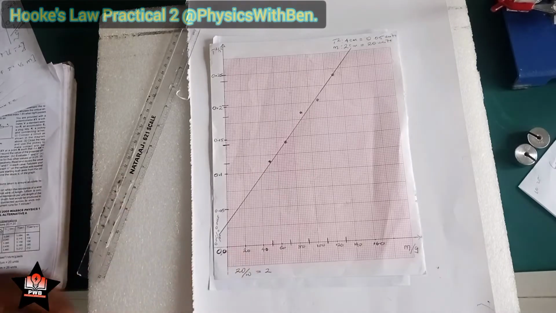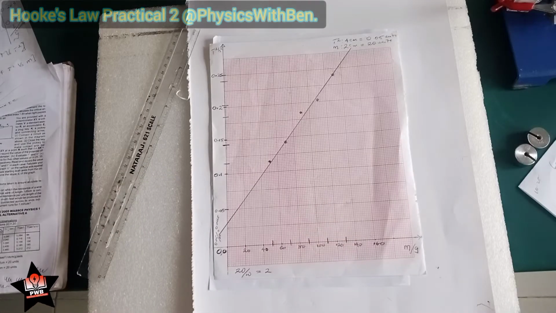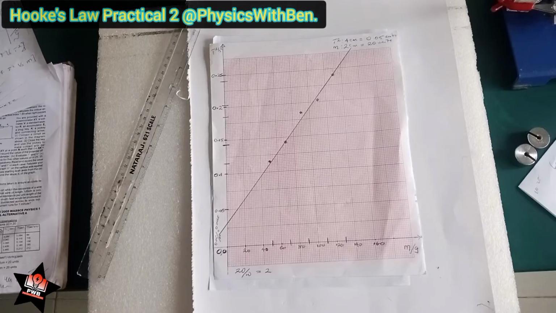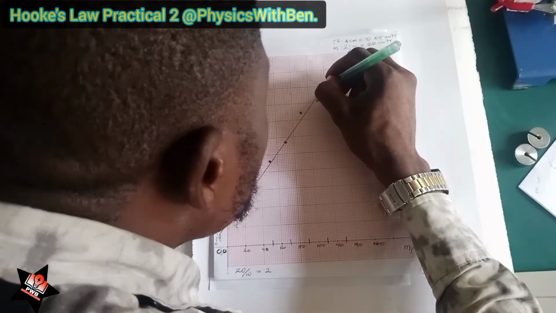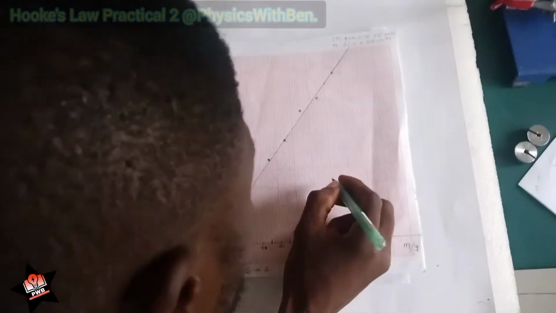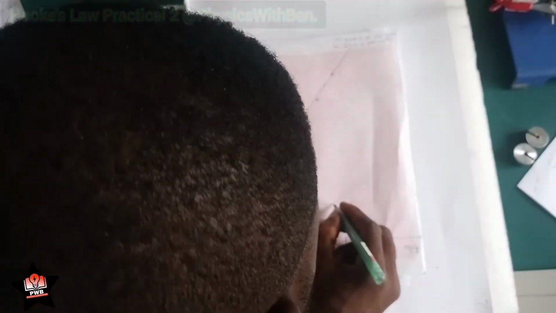Good. The next thing is to select our big triangle for the slope. So I will choose this point. And I'll come down here.